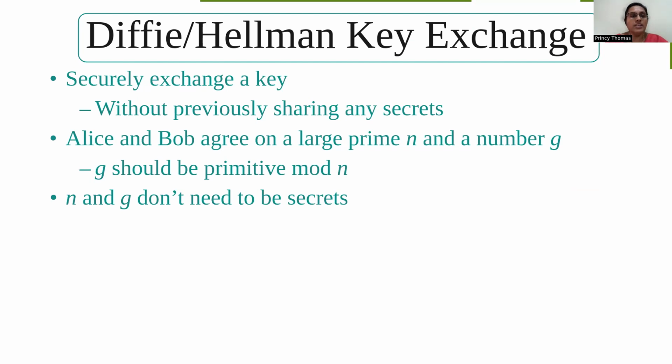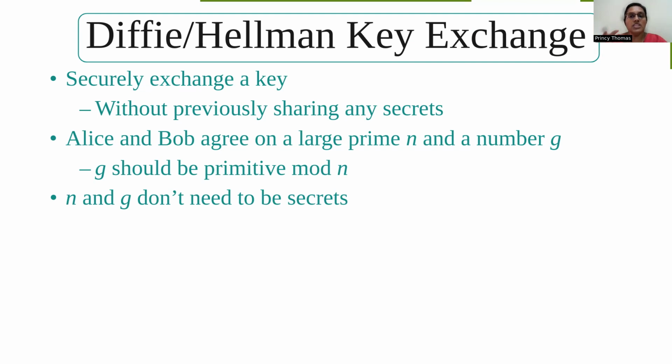So let's begin, with Alice and Bob. First, they agree on two values: a large prime n and a number g. G is the group, and g should be a primitive root mod n.